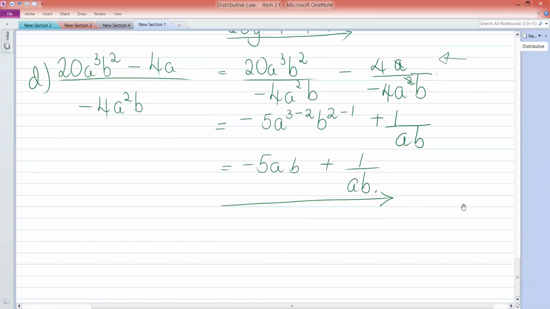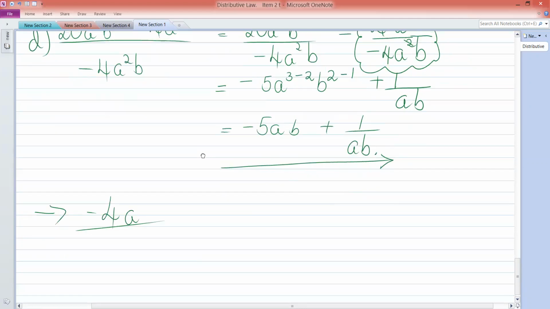Another way people do these questions is by writing out the numbers and then the letters and then canceling and then seeing which one remains. So if I take the second part here, let's focus on this type of question, right? So it's a side example. So I could write it as 4a. Remember that there was a negative there.